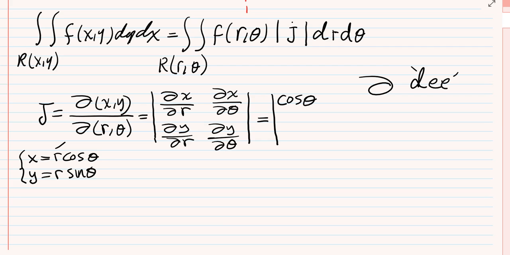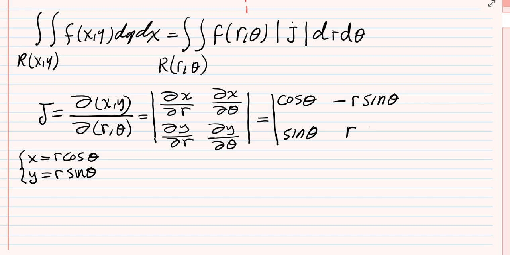We take the partial of x with respect to theta, then r acts as a constant, so it's going to be negative r sine theta, because the derivative of cosine is negative sine. In the second line, the partial of y with respect to r is just going to be sine theta, and the partial of y with respect to theta, r acts as a constant, the derivative of sine is cosine, so we get r cos theta.